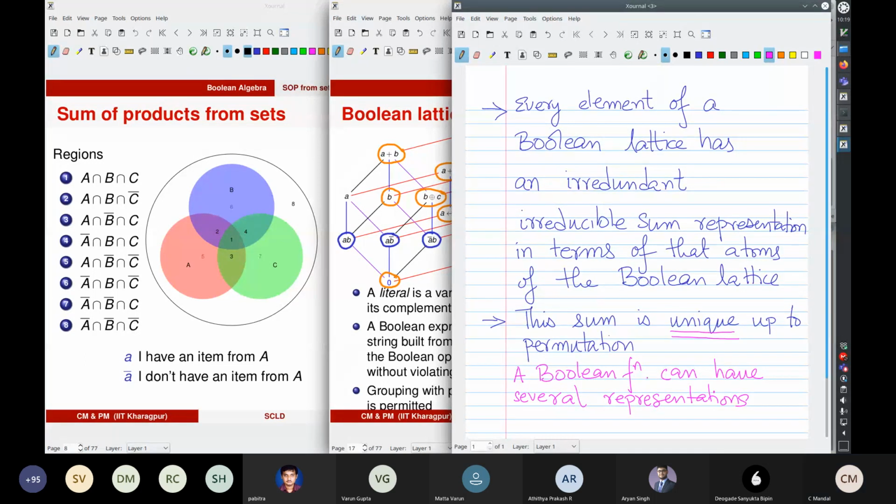But this is the important point, that the representation in terms of these atoms, and these atoms, as you have seen, are nothing but the mean terms.